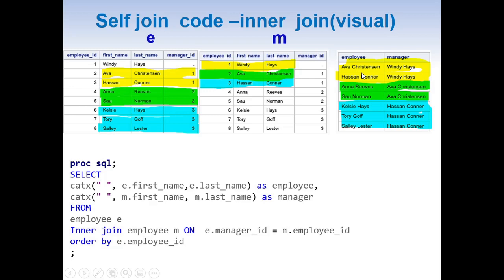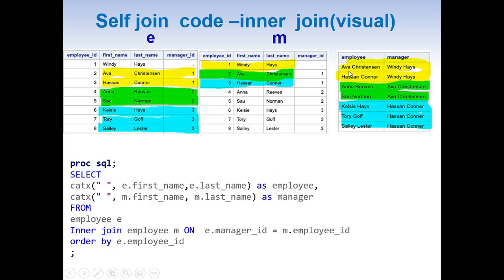Now a couple of points here. I have color coded all of this to explain that whenever the manager ID and employee ID match, they have a similar color. This is just a visual representation. Also, in our select, what I'm saying is concatenate first name and last name of the E table and call it employee.